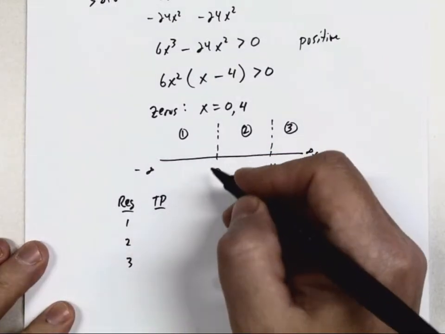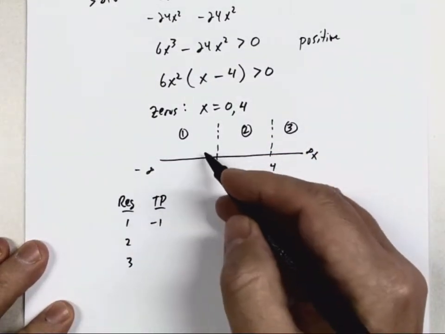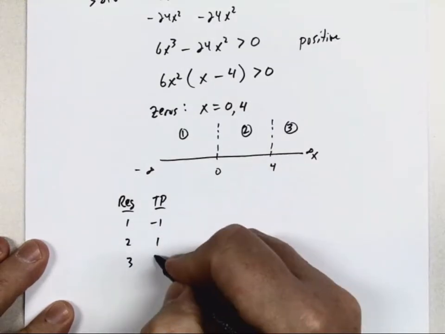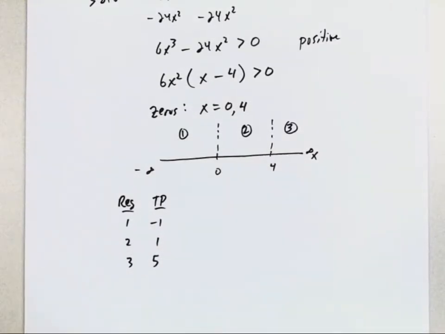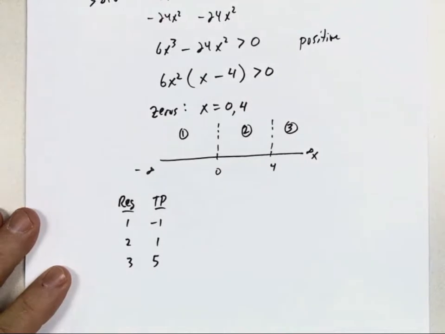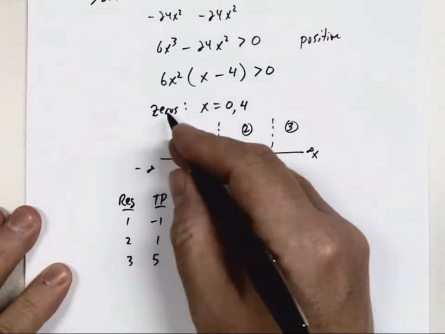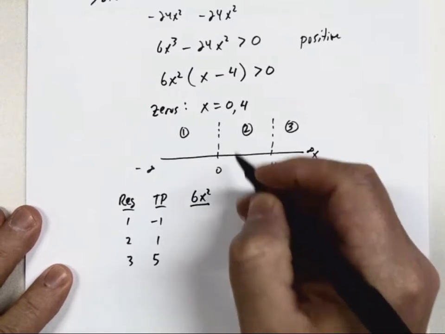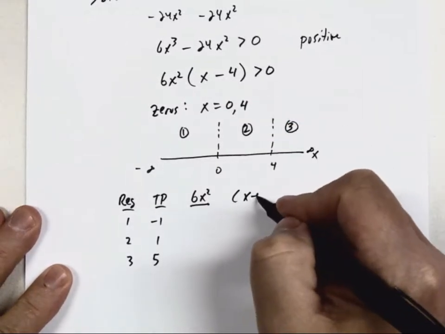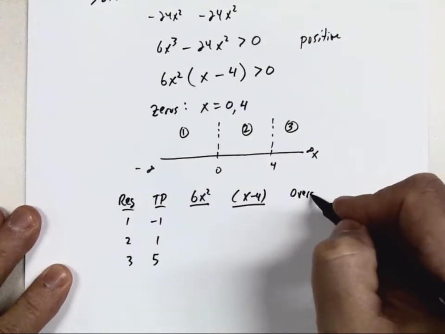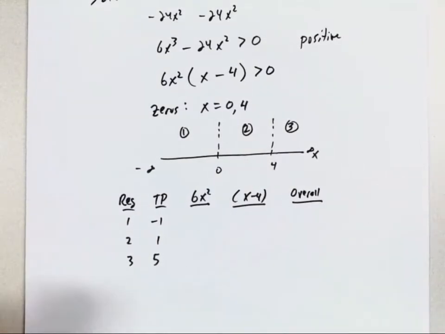So region 1, I'll choose -1. Region 2, I'll choose 1. Region 3, I'll choose 5. And now I have to list my factors from this factored equation, 6x squared and x minus 4, and then overall.